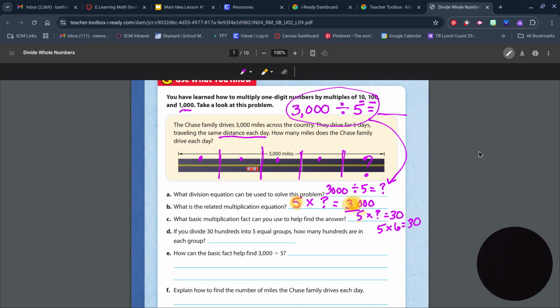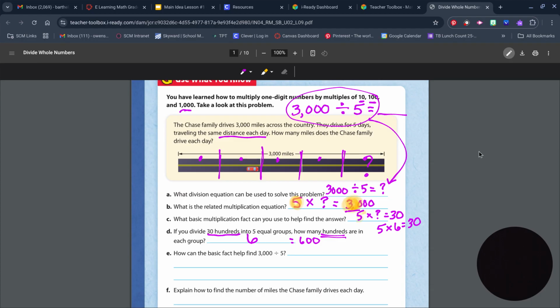So if you divide 30 hundreds, because that's what 3,000 is, into 5 groups, how many hundreds are in each group? You're going to have 6 hundreds in each group. So how can the basic math fact help you find 3,000 divided by 5? Well, 6 hundreds is 600, right?